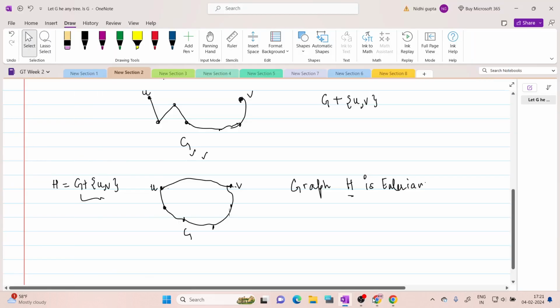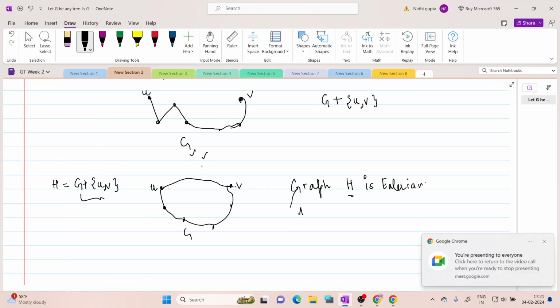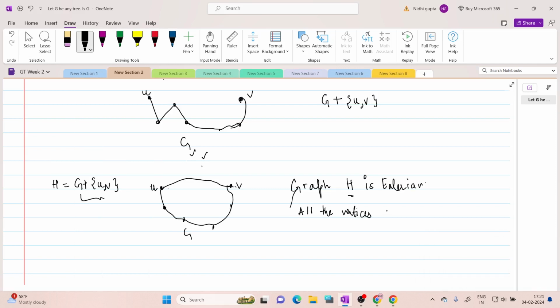So all the vertices in G plus UV have even degree. Now using this, we know the degree of each vertex in graph H. Now using that, we have to find the degree of the vertices in graph G.